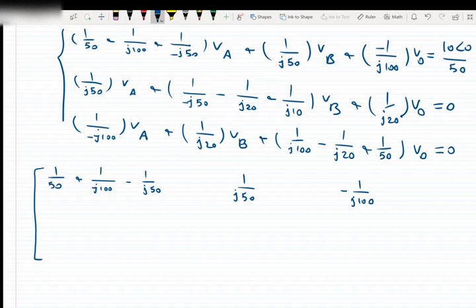The second row of the matrix is 1 over J50, 1 over J50 minus 1 over J20 plus 1 over J10, and the third column, second row is 1 over J20.